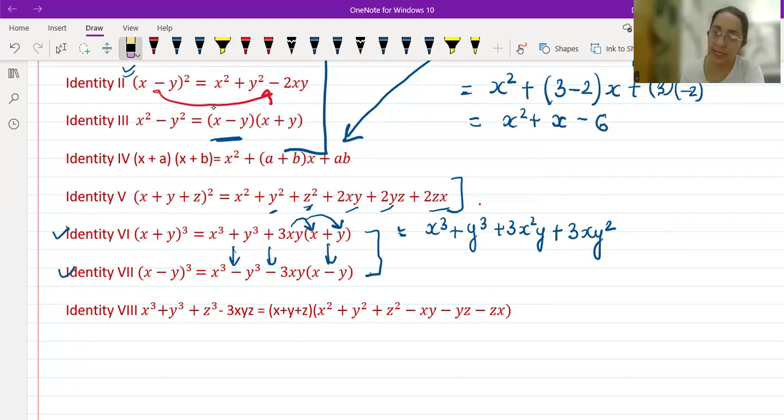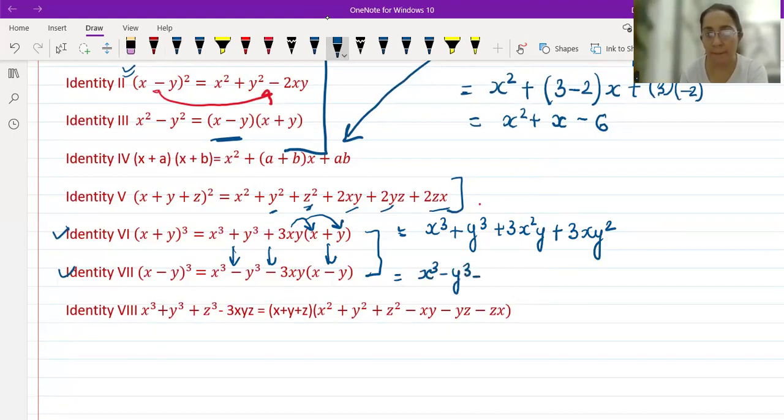You just have to recognize the identity. The same goes for identity 7. Here also you open the bracket and you can have it in the form of x cube minus y cube, minus 3x square y, and minus times minus gives plus 3xy square. So this way you can have these two identities, 6th and 7th.